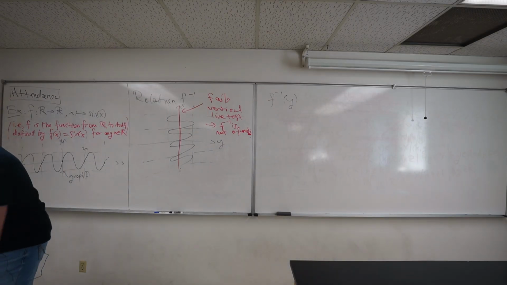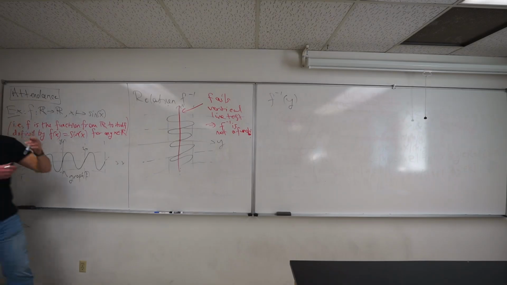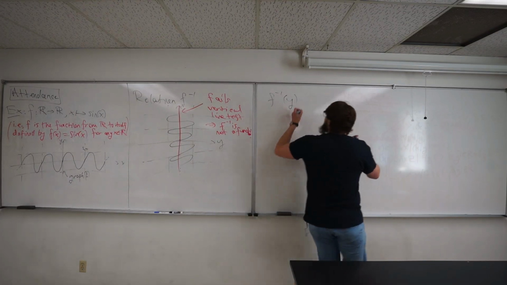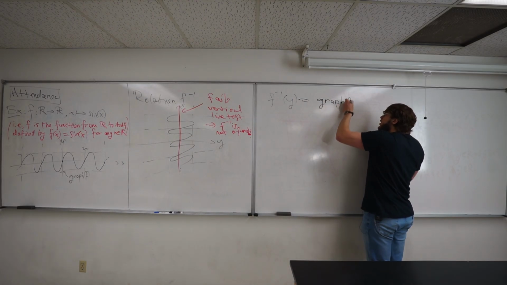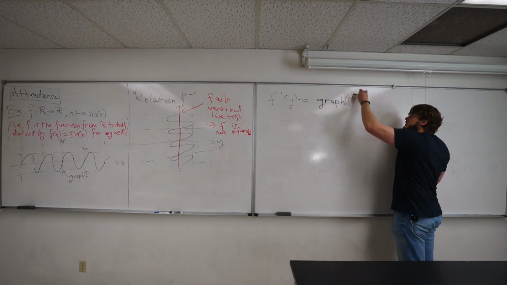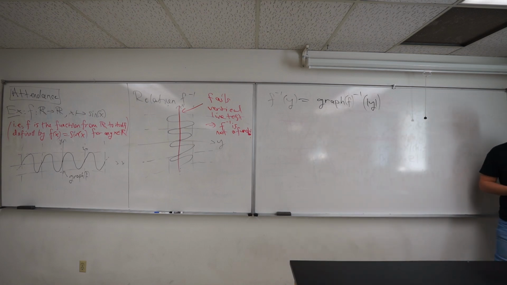And when you see this, this again doesn't mean that f to the -1 is a function. This is where things get confusing. Technically, this actually stands for the graph of f, this relation to the -1, applied to the set that consists only of y.